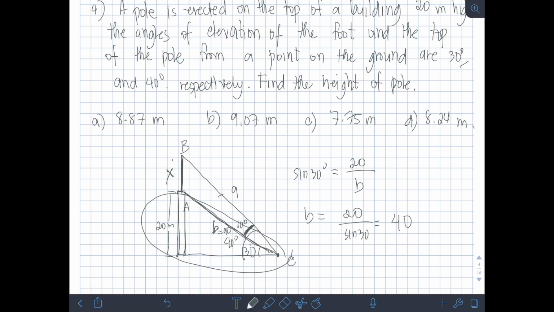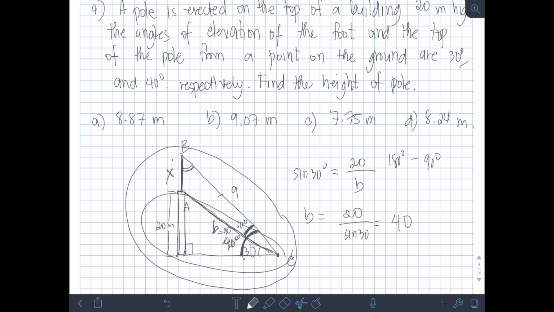So, pwede natin masolve itong angle b. How? So, diba meron tayong kabuang right triangle na to. This time, ito yung 90 degree natin. Tapos, yung angle natin na to ay itong 40 degree. So, masasolve natin itong angle B. How? Diba 180 degree minus yung sum nitong dalawang angle.